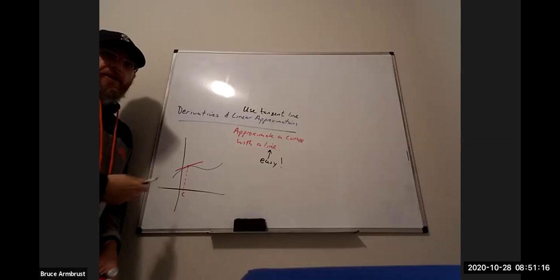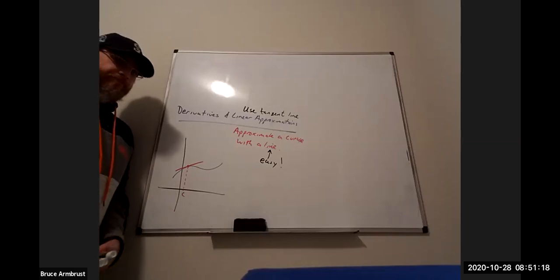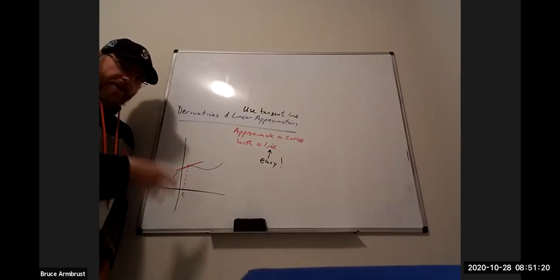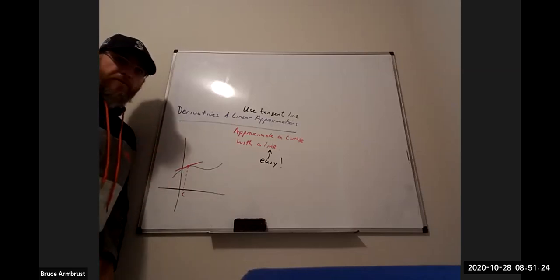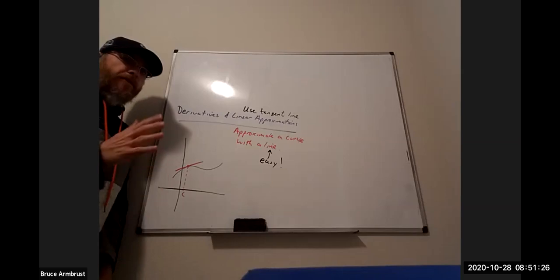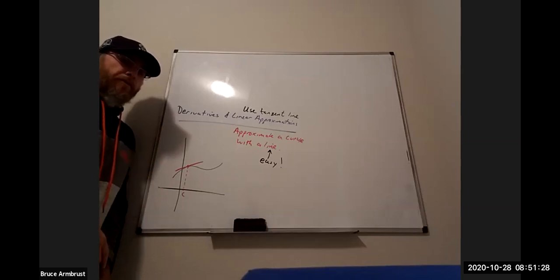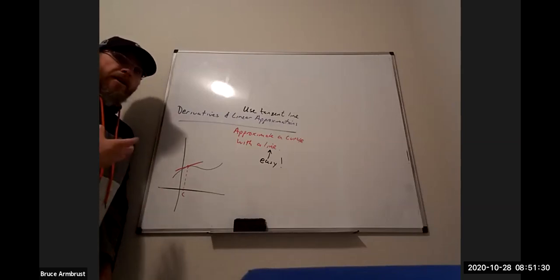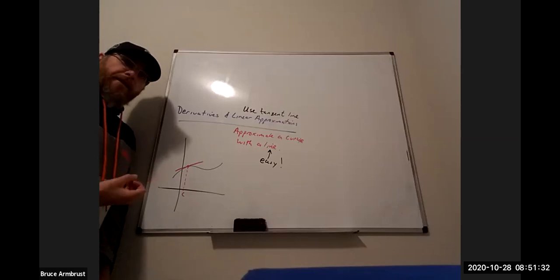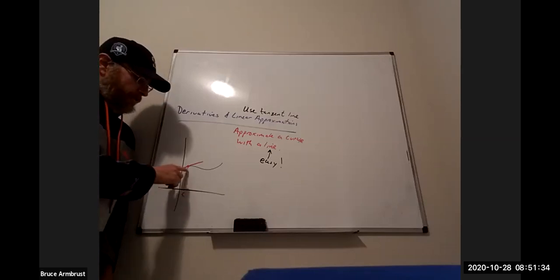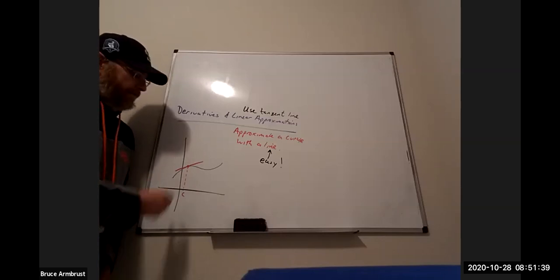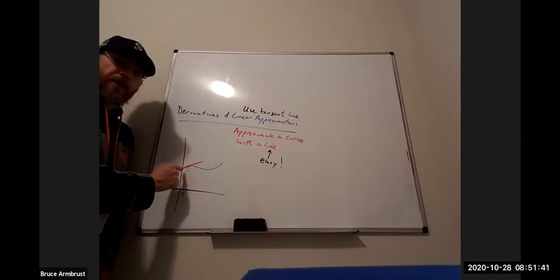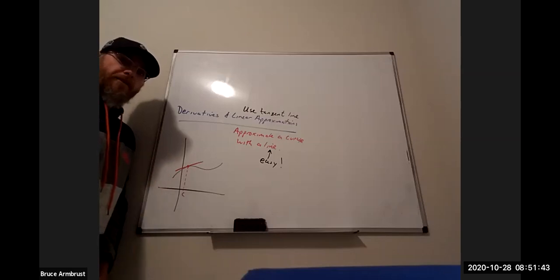If you were to zoom in on this graph, just keep zooming in, get closer and closer and closer. Put this into Desmos, put this into your TI-89, whatever your favorite graphing modality is. Draw the graph of this and start zooming in. Eventually, that graph is going to look really linear. In fact, the closer we get to this point, the more and more linear the function actually looks.